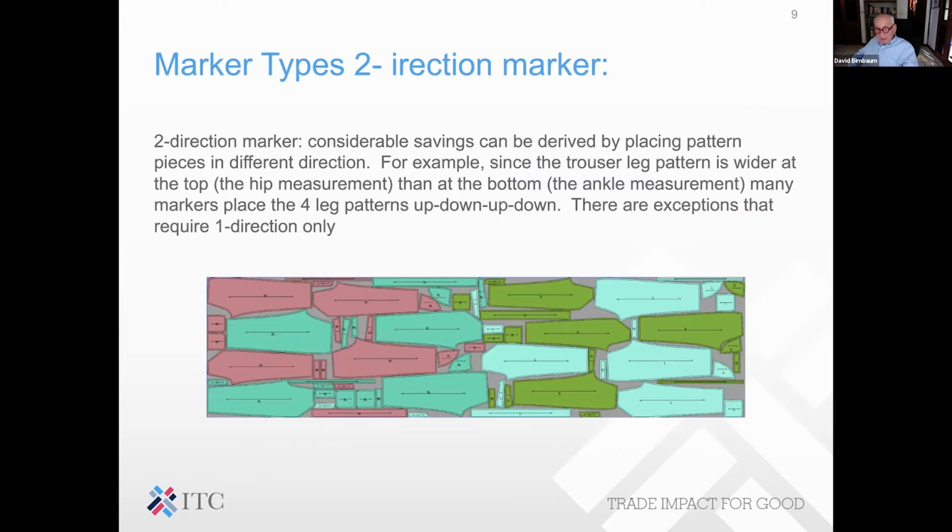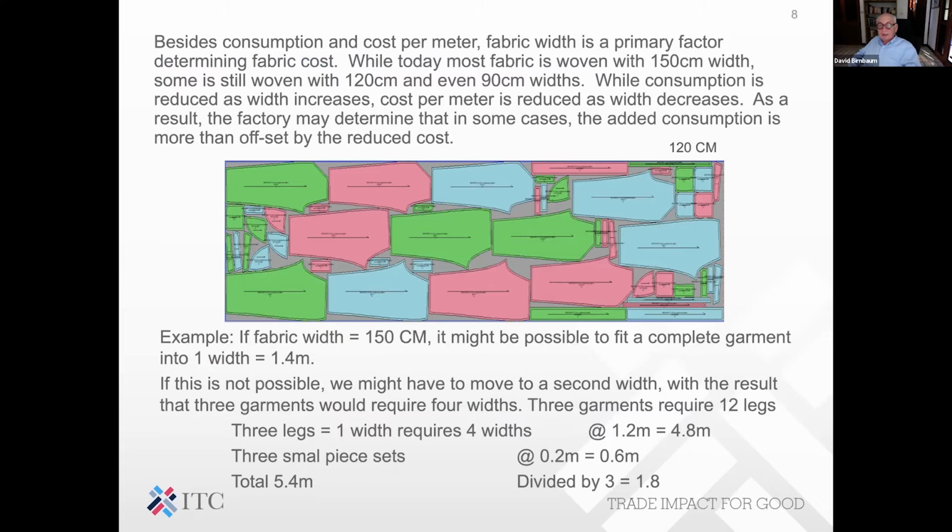In the previous markers, you will notice that they all went in one direction. I'm sorry, they did. They went in one direction, with the waist on the right and the bottom of the leg on the left. In some cases, you need a marker that goes in one direction because there are some fabrics that only move in one direction.